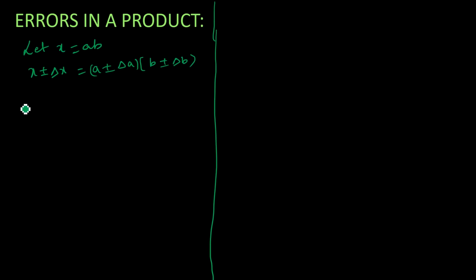Here we can take x common. If you take x common, what you will get? x times 1 plus or minus delta x by x.